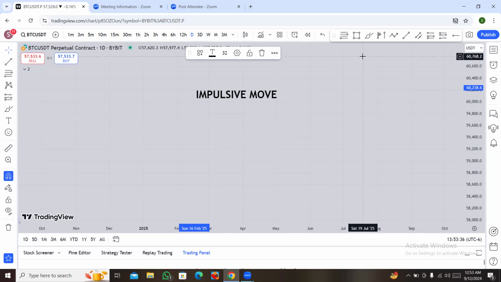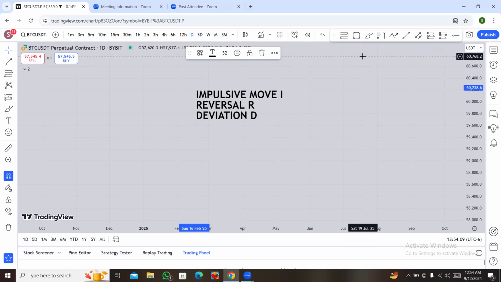I will call it I. Second, we need a reversal in that impulsive move, the small reversal on lower time frame. I will call it R. Then you need deviation below range low. Important is below range low. We'll call it D. If above range high is deviated, then the structure is invalid most of the time.